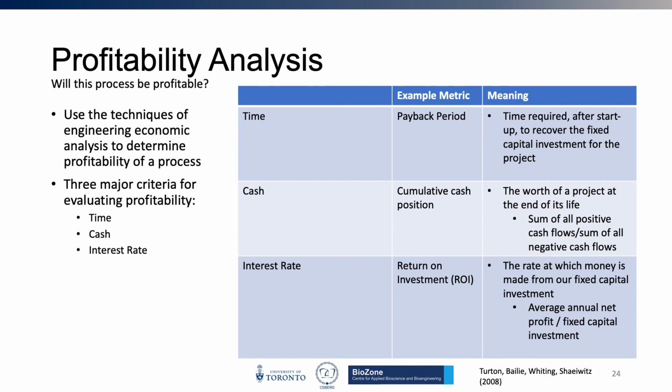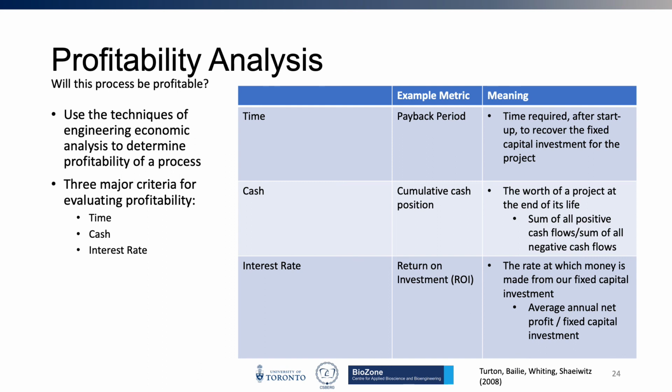I'm just going to go through some example metrics for each of these categories, but there are more. The textbook contains more details on the types of metrics for these categories, which ones are recommended for a more accurate analysis, and which ones are more accurate but also more time consuming.